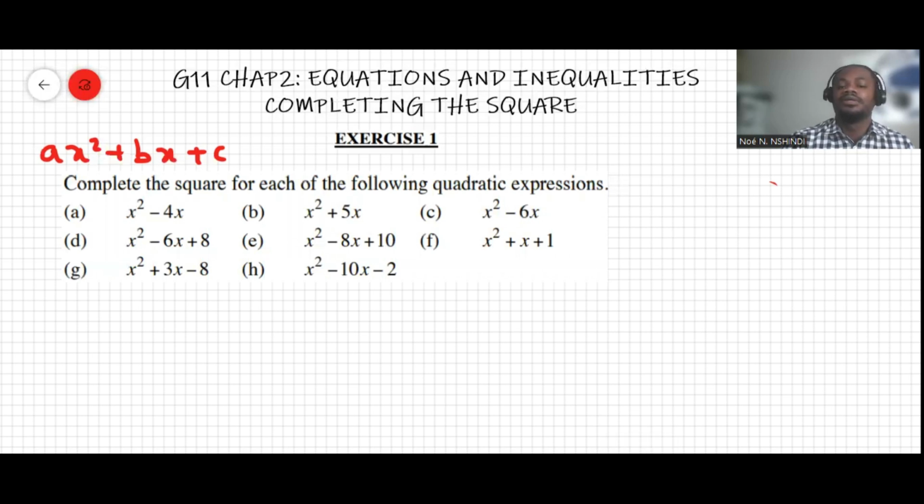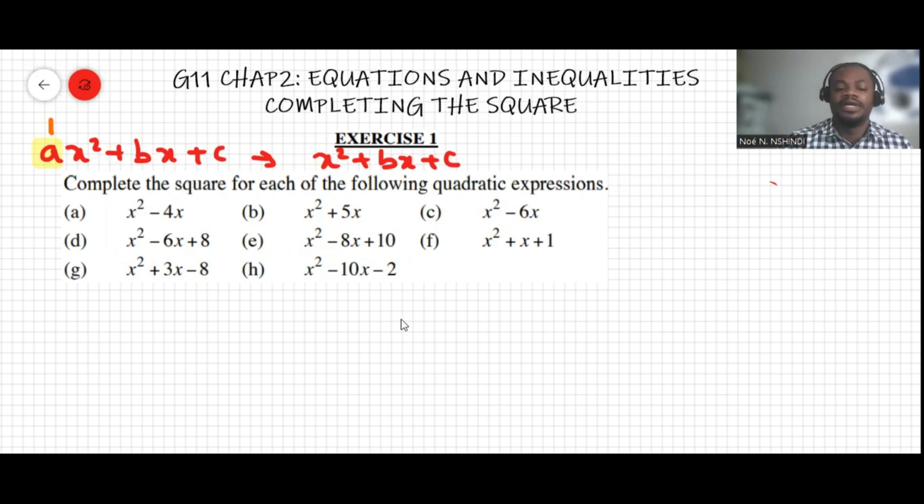In this case, we will deal with the quadratic expressions for which the leading coefficient a is just equal to 1, basically quadratic expressions of the form x squared plus bx plus c. And then we will deal with the case that a is different than 1 in the other exercise.